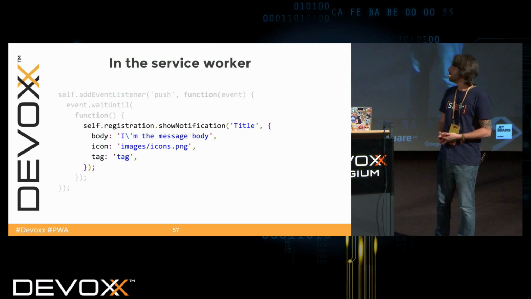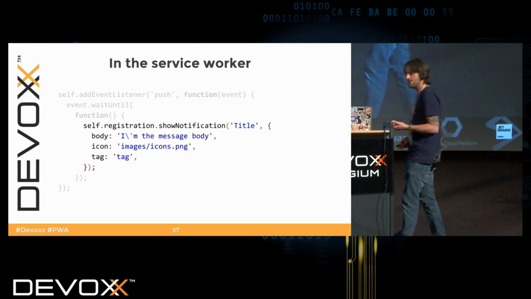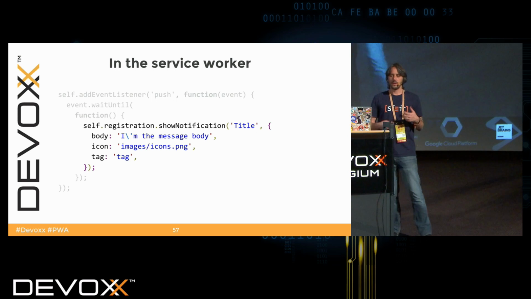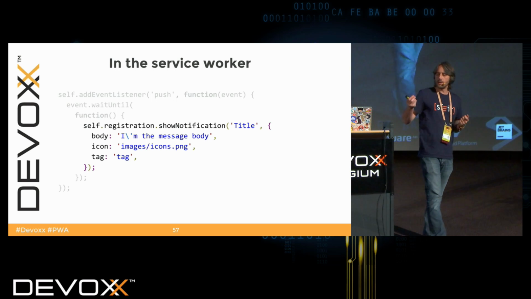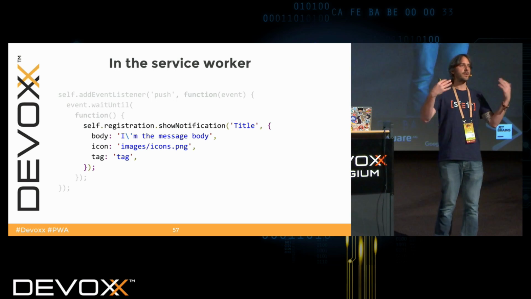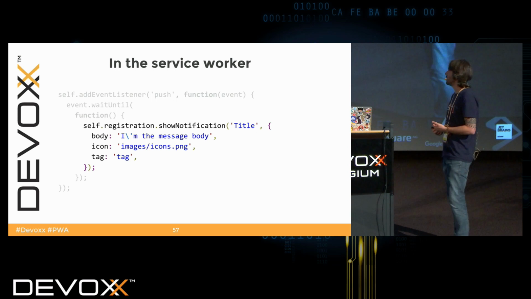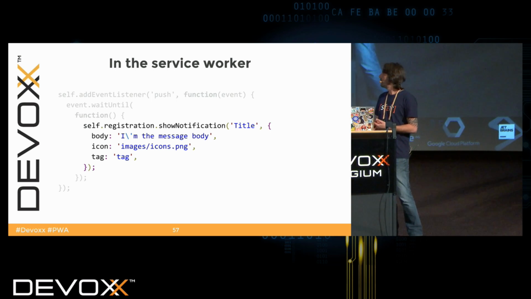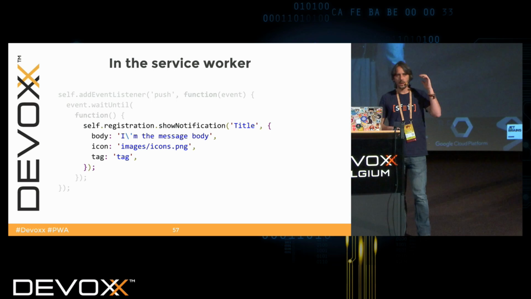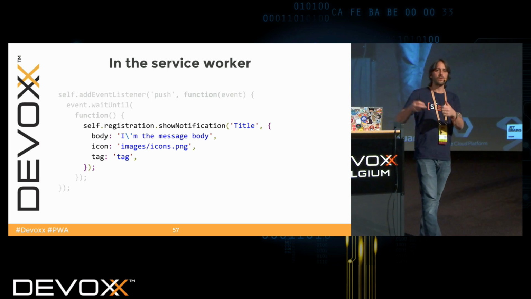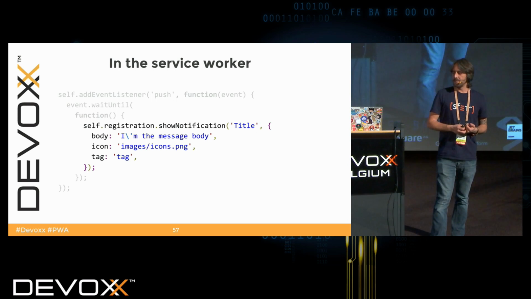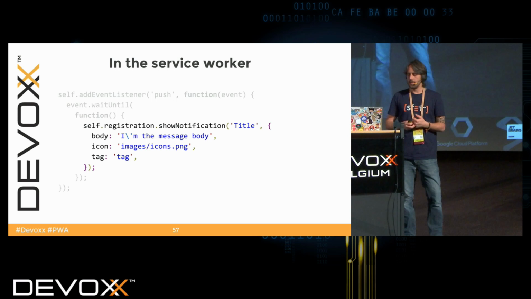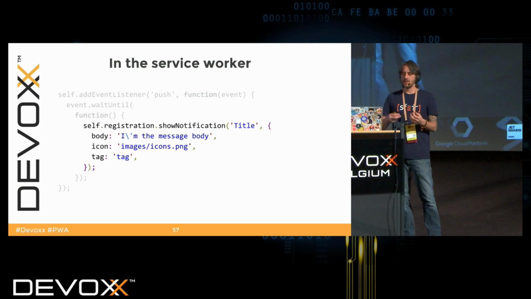You just have to listen to this event and then use that new method called showNotification to display something to the user. You can provide some information to the method, like title, icon, and other useful information. But this is not really useful because there is no context.